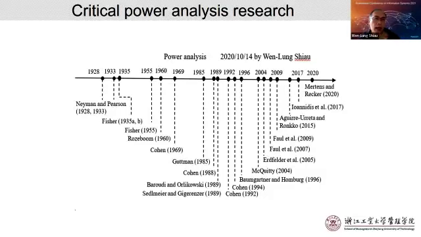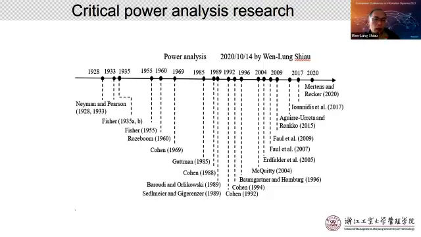Last year, I went back to check and trace the critical power analysis research. You can see it from 1928 to the 2020s, so there's so much history: Neyman and Pearson, Fisher, and so on.